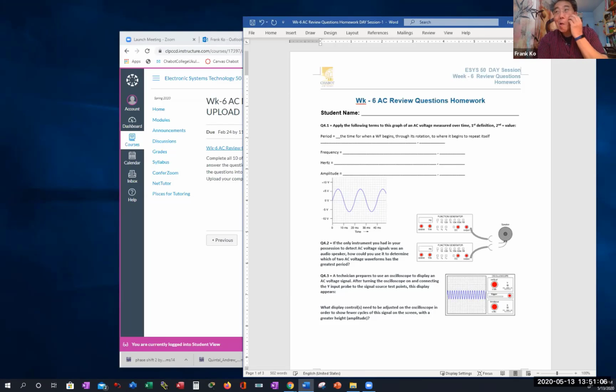S-E-L-F, okay? To where it begins to repeat itself. That would be the best definition. The time where the waveform begins, and then through its rotation, to where the waveform begins to repeat itself.